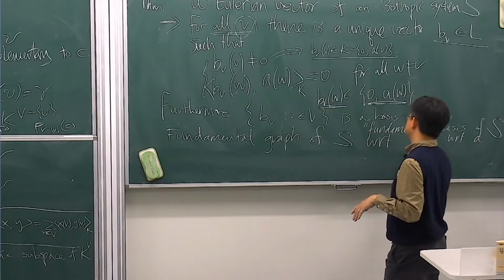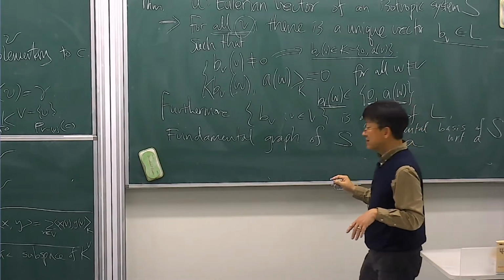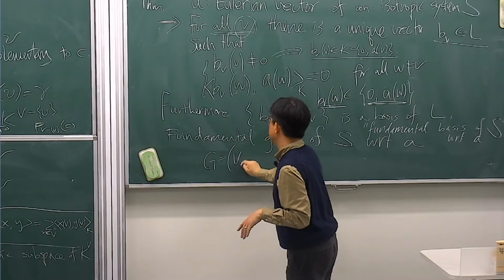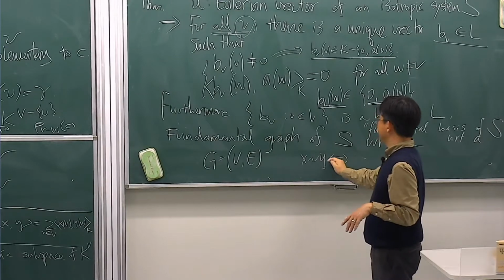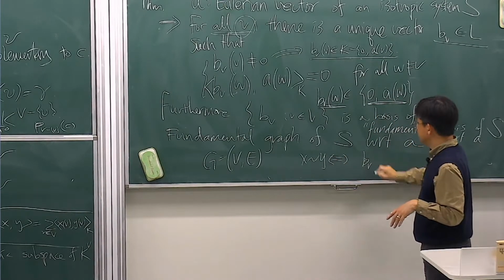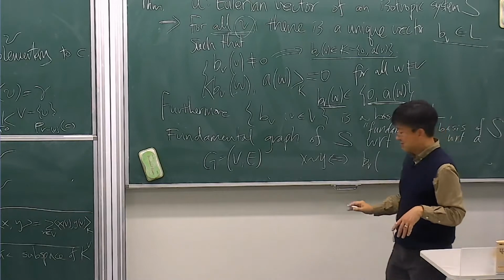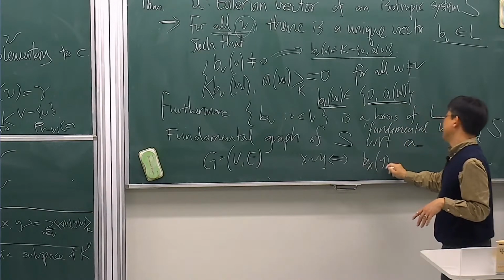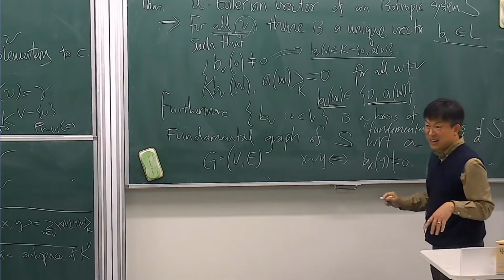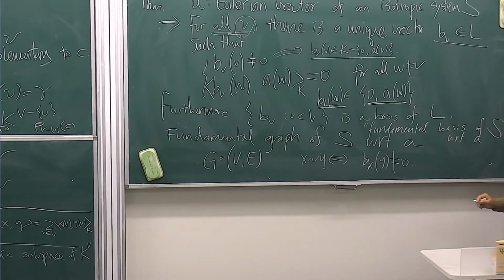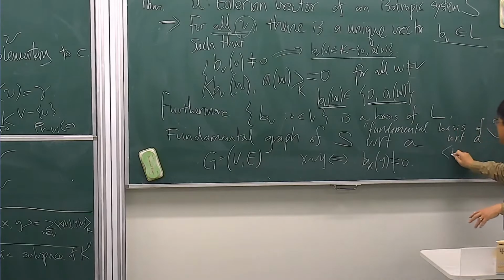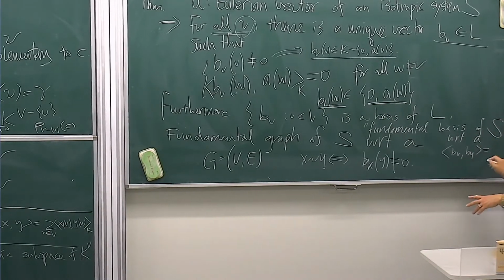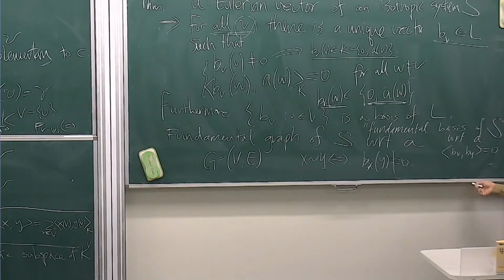With respect to A, it's a graph G on V where X is adjacent to Y if and only if BXY is non-zero. You can see that BX and BY, the inner product between them is 0 because it's totally isotropic.